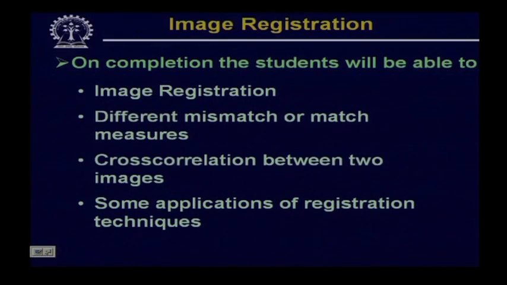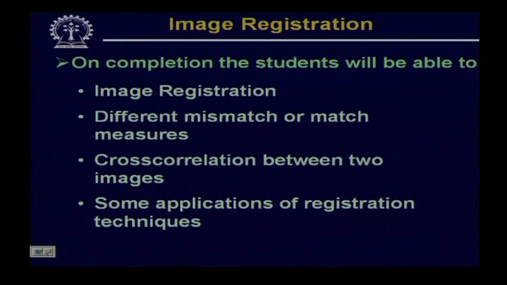In today's lecture, we will talk about the image registration techniques. We will see what is image registration. Then when we go for image registration, we have to think of the mismatch or match measures. So, we will talk about the different mismatch or match measures or similarity measures.